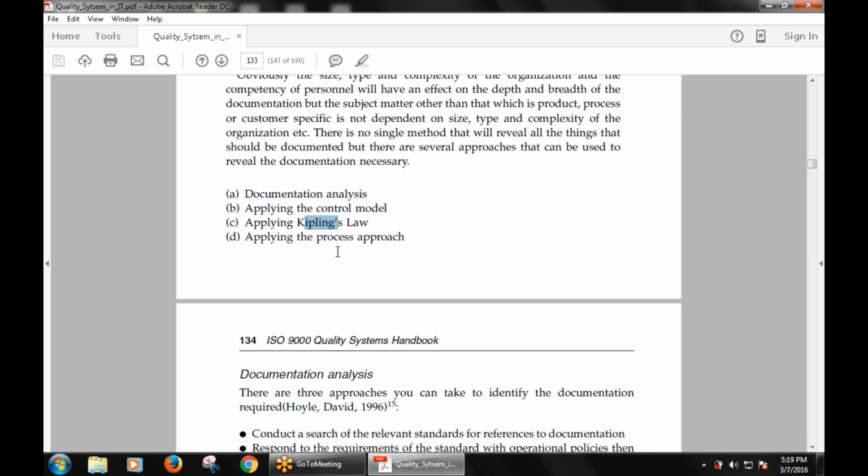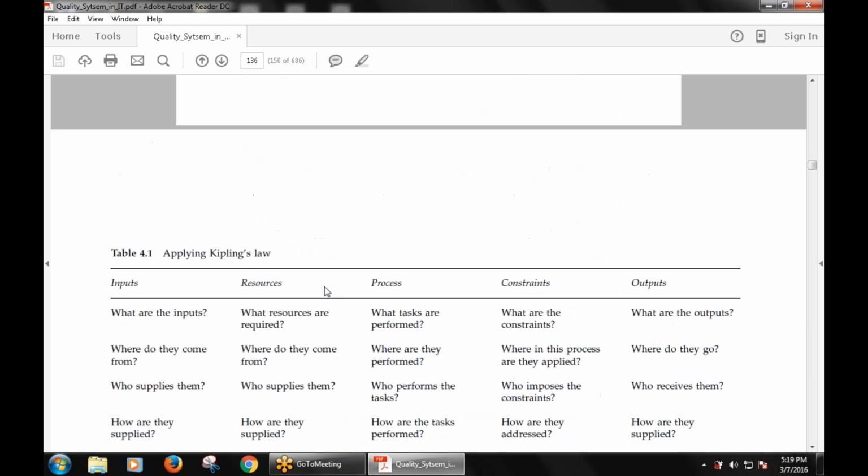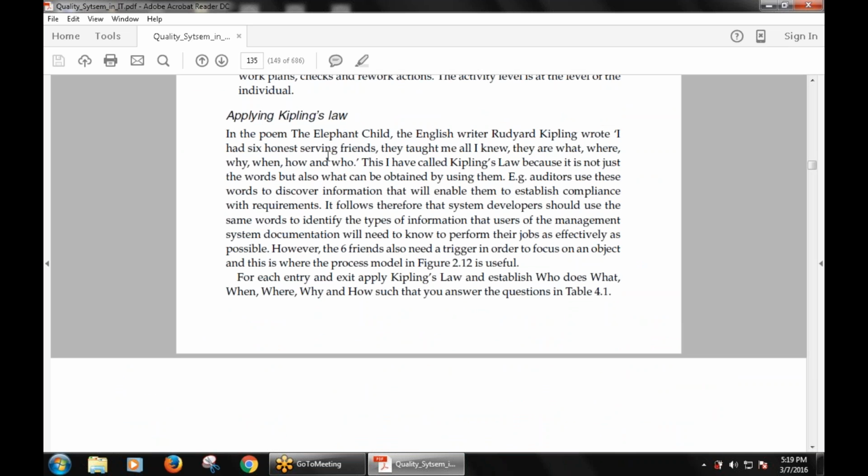Now, how to apply the Kipling law? There is a need to discover the Kipling law, which is not just the words, but also what we can obtain by using them.